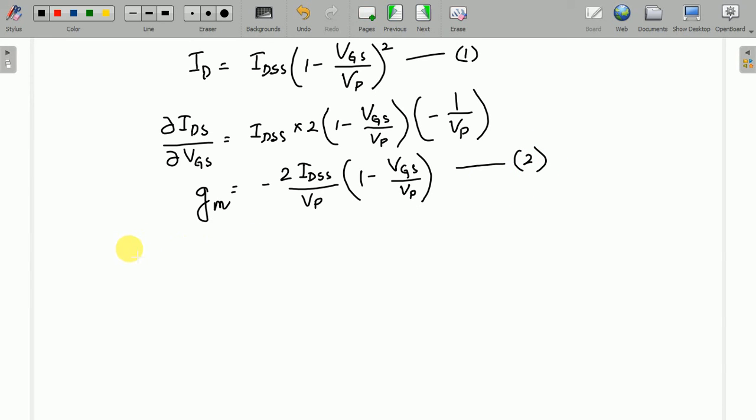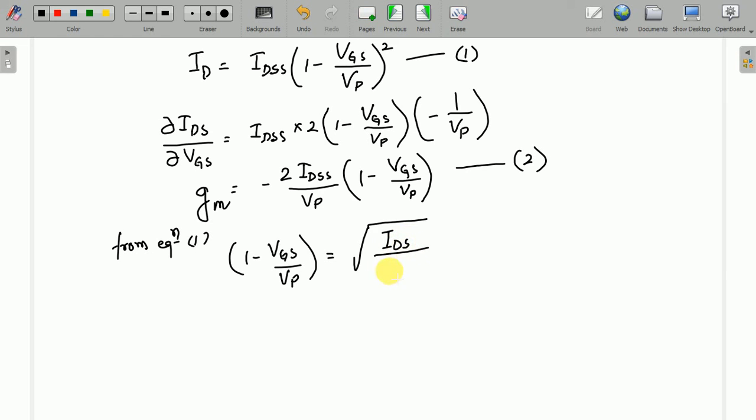Again from equation 1, we can write 1 minus VGS by VP is equal to under root ID divided by IDSS.